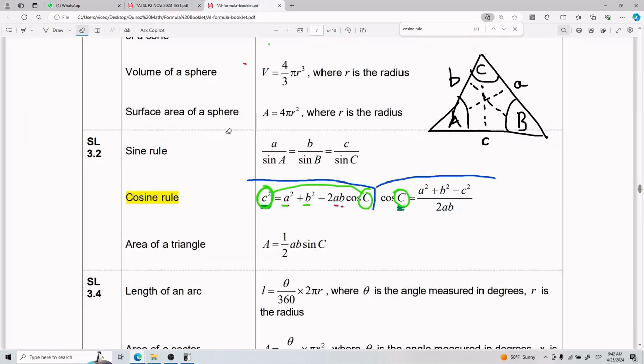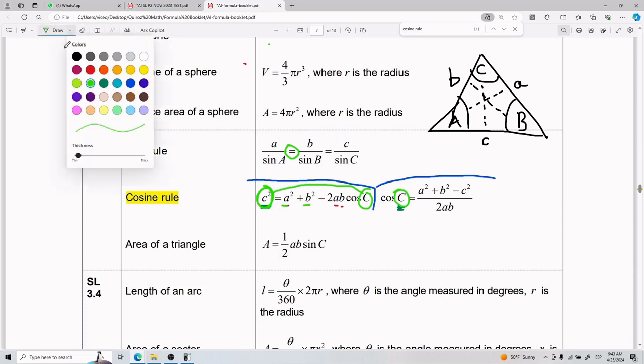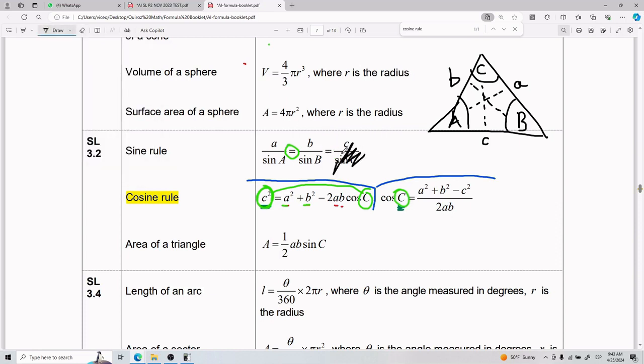See, while the sine rule clearly works in pairs, because you have two equal signs, you can just look at it like this. Now, to make this a little bit more intuitive, you have little letters on top, big letters on the bottom.